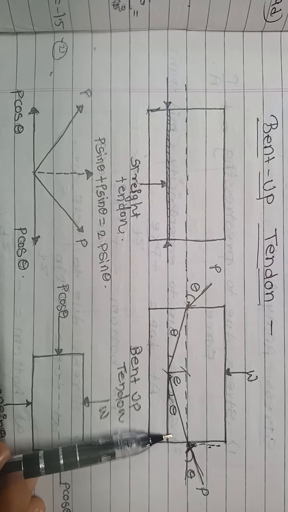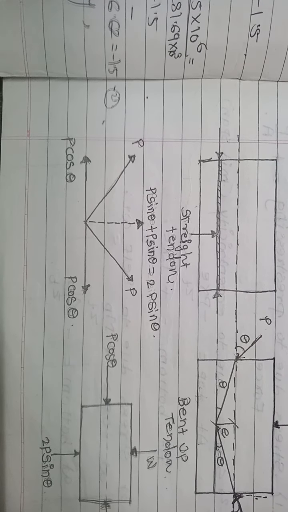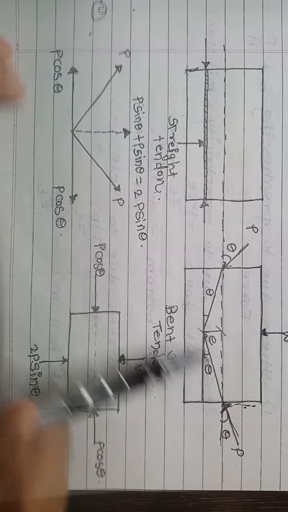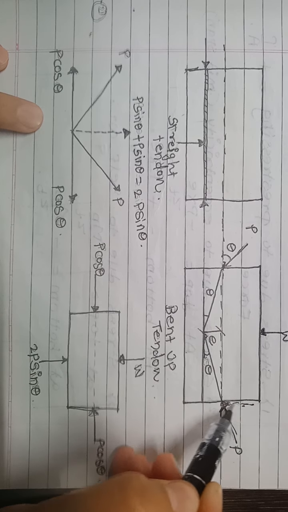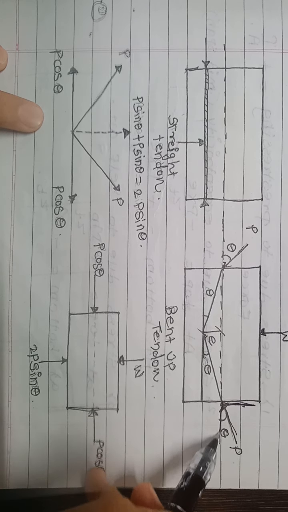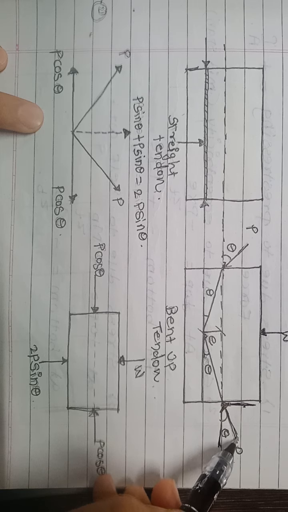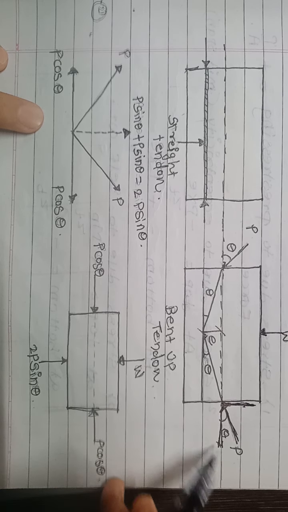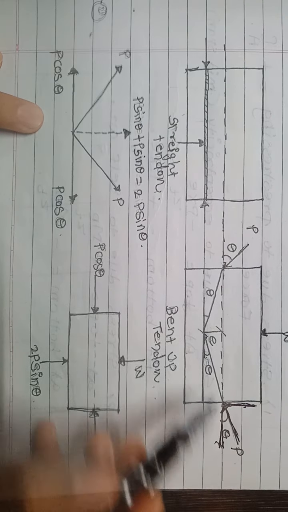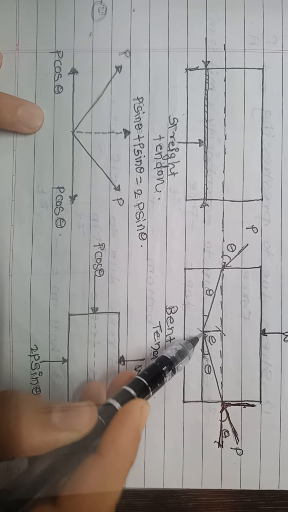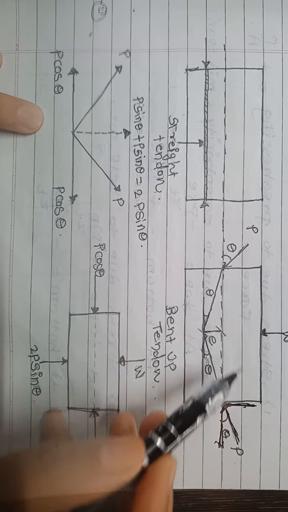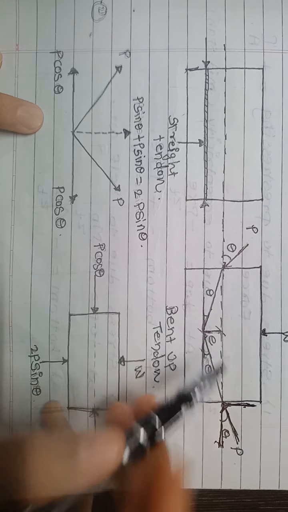From this, the component stresses of the beam are here. Suppose this is the resultant stress and these are the component stresses. Here is the middle section.